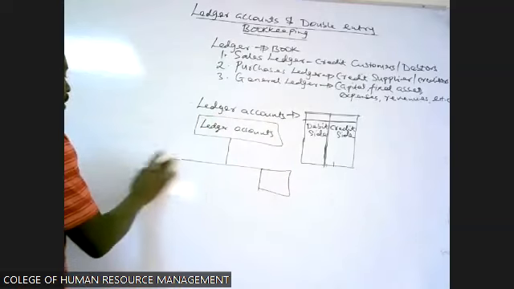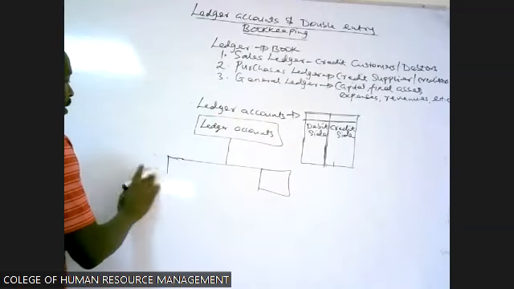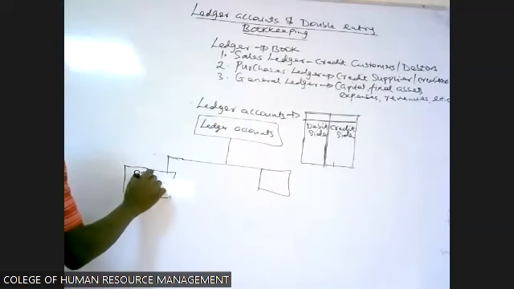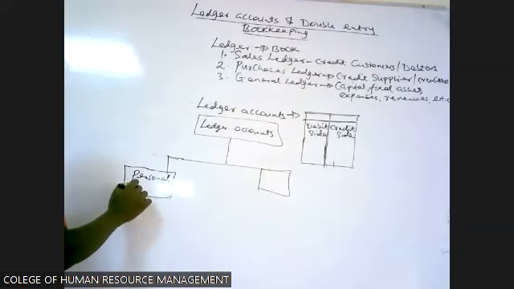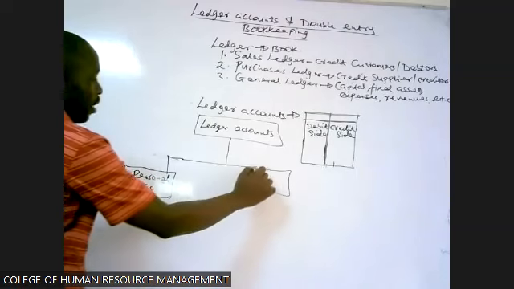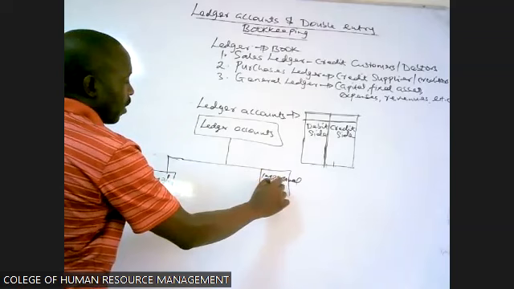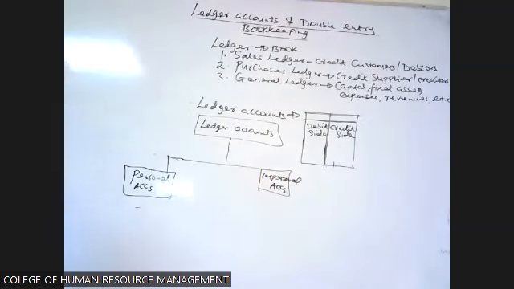We have got those that we refer to as personal accounts. And here we have got those we call impersonal accounts. So that is the first classification. Ledger accounts can be categorized as personal or impersonal.